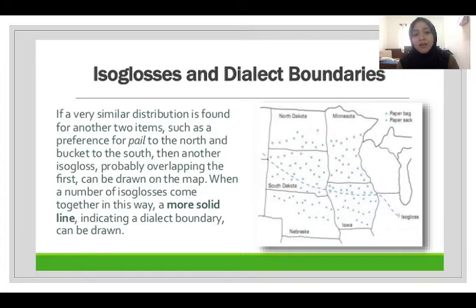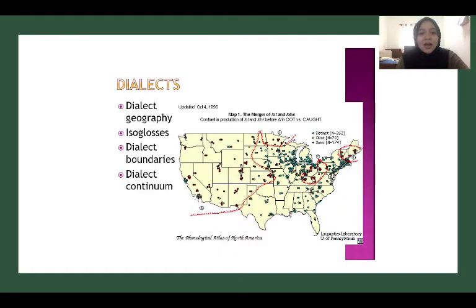When a number of isoglosses come together in this way, a more solid line, that is the isogloss, indicating a dialect boundary, can be drawn. The interesting thing about isogloss is that it is able to separate these two different dialects. So the term dialect geography means dialect depends geographically.